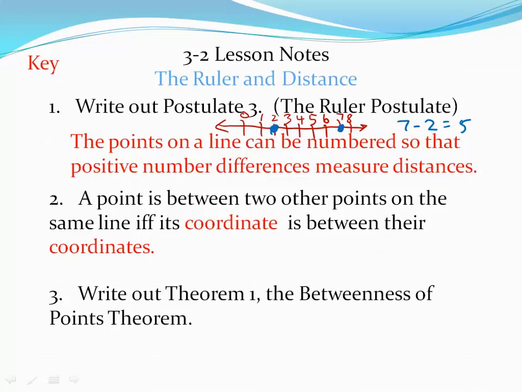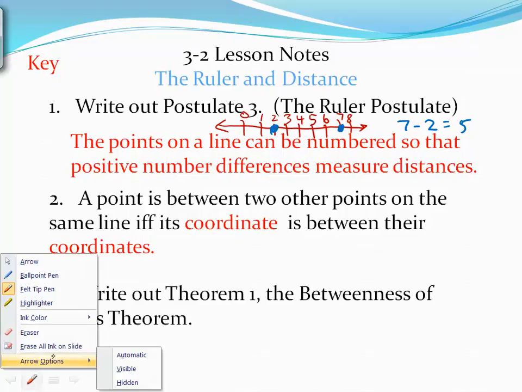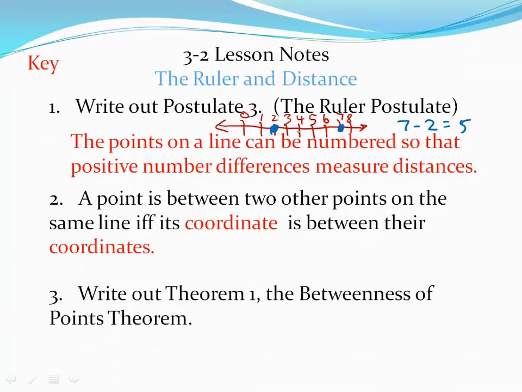And number 2, a point is between two other points on the same line if and only if its coordinate is between their coordinates. So for instance, if you look at the number line I sketched out here, is 4 between 2 and 7? Well, it is. It's between 2 and 7 because its coordinate, we call these numbers coordinates, is between the two coordinates I said.